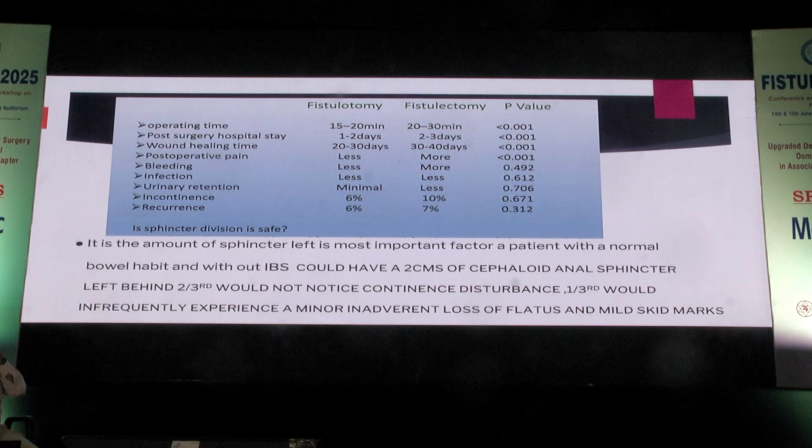A patient with a normal bowel habit and without inflammatory bowel disease could have 2 centimeters of sphincter left behind. Two-thirds of the patients would not notice continence disturbances. One-third of patients would infrequently experience a minor inadvertent loss of flatus and mild skid marks.